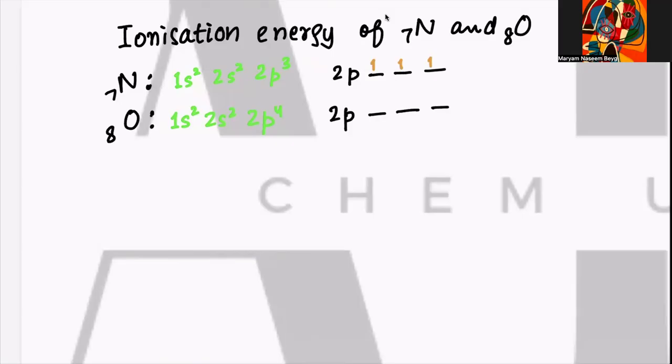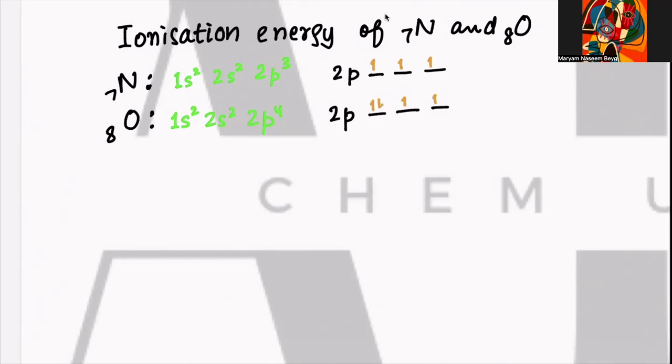But oxygen has 4 electrons in the p subshell. So when I fill those electrons in the orbitals of p, first each one gets 1 electron, and then one of the orbitals gets a pair.